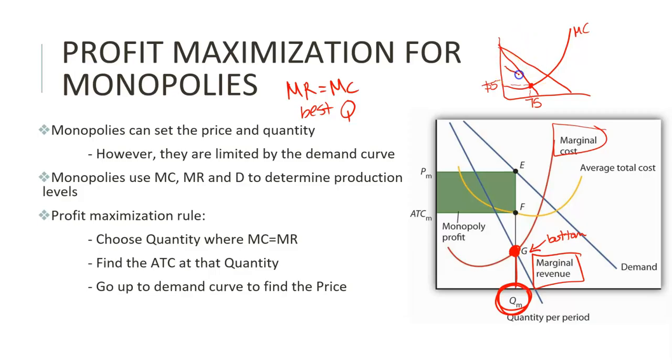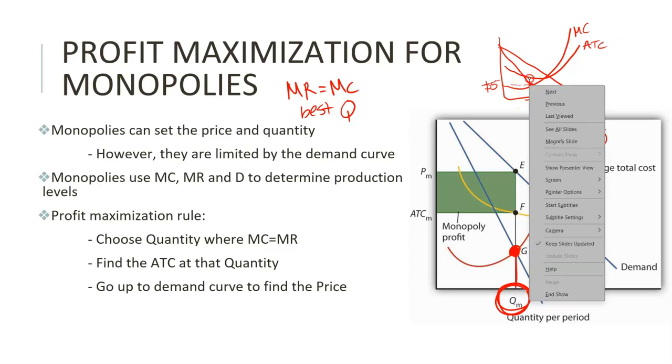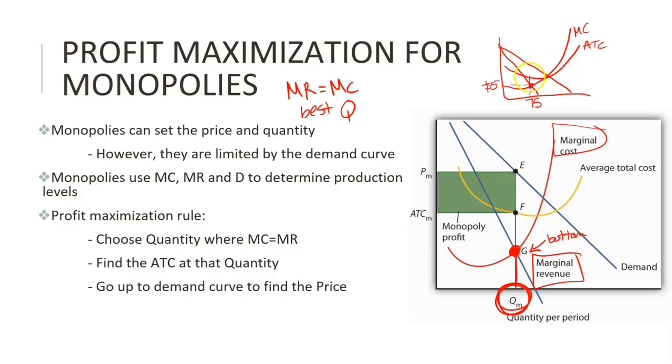The average total cost. Okay, so at our quantity of 75, we're going to go up to that average total cost curve and up to the demand curve. So average total cost is going to tell us our cost for production. And going up to the demand curve is going to tell us our price. So this is going to be the selling price.